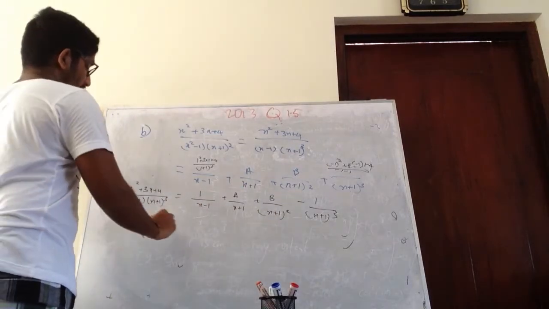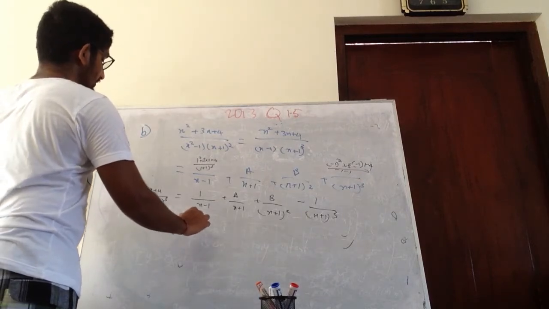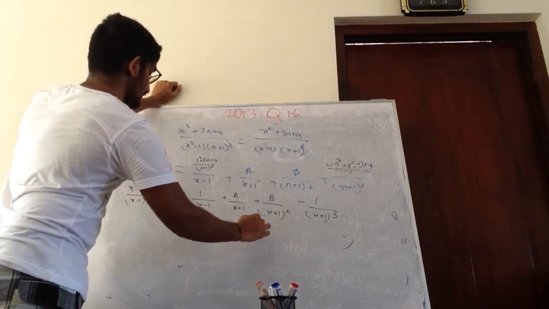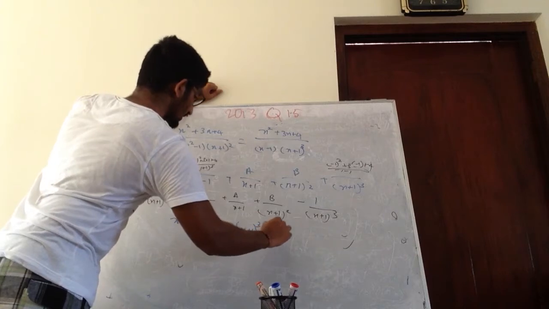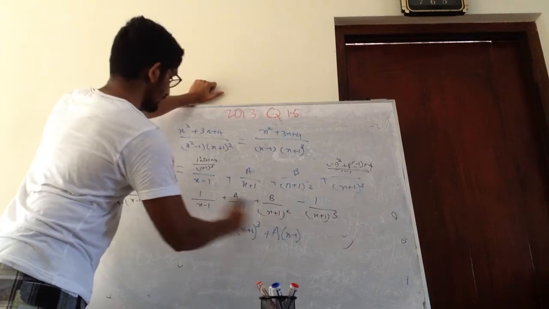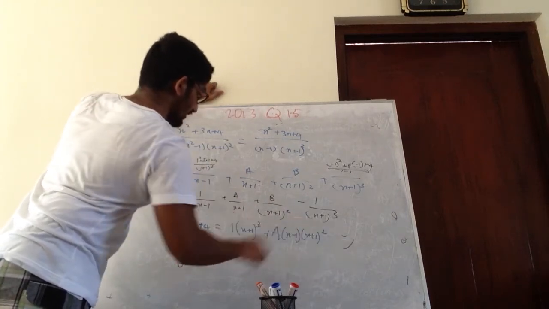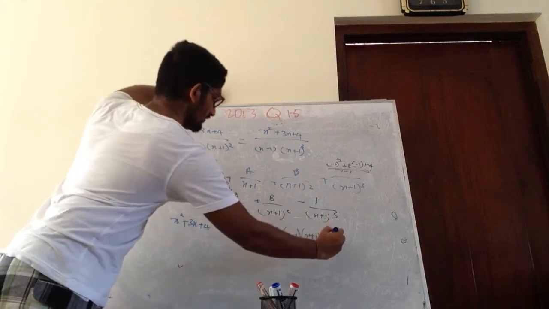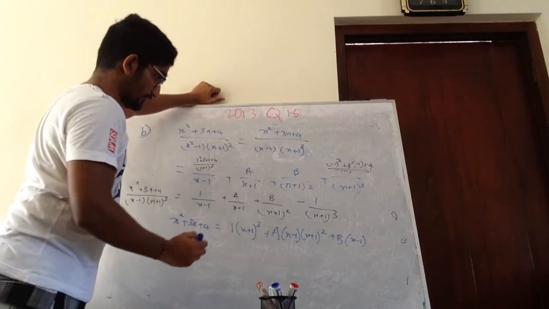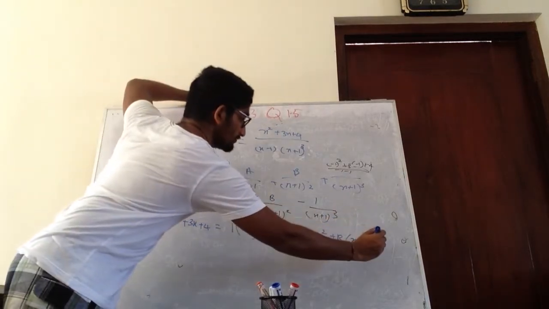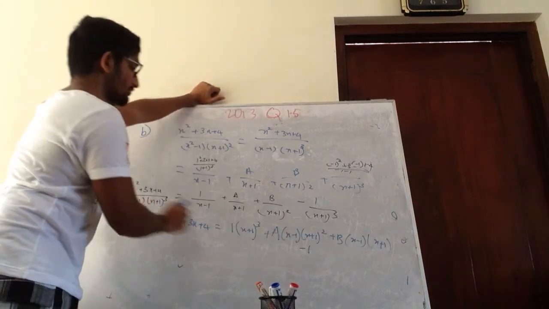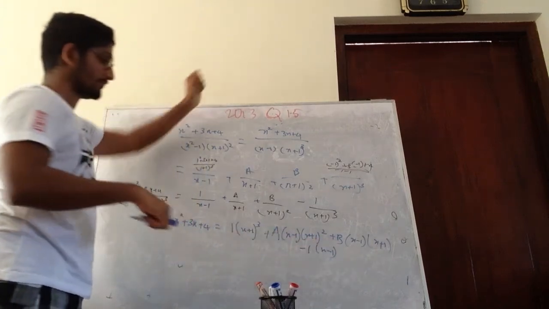So basically you get x squared plus 3x plus 4 is equal to 1 times (x plus 1) cubed, plus a times (x minus 1)(x plus 1) squared, then b times (x minus 1)(x plus 1), minus 1 times (x minus 1).